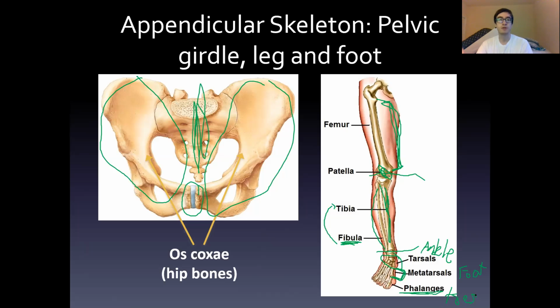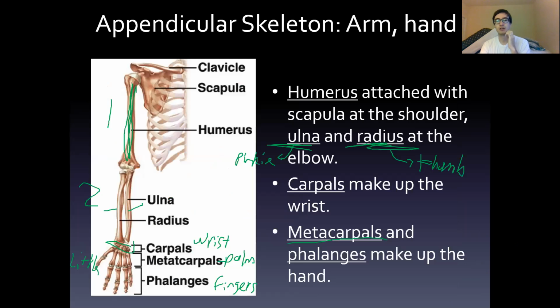So again, notice we have the same basic setup as we did in our arm. We have one bone, two bones, and then some little bones. So our arm and our leg are set up in the same kind of basic orientation.